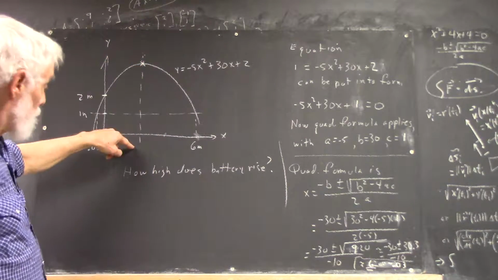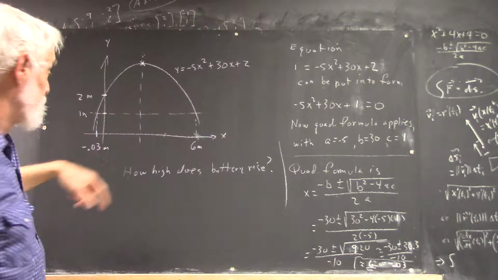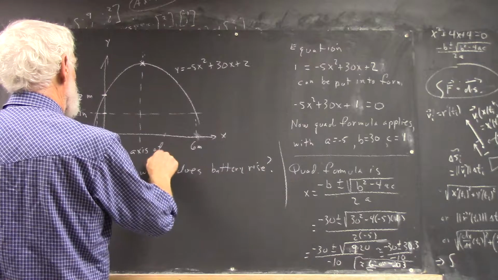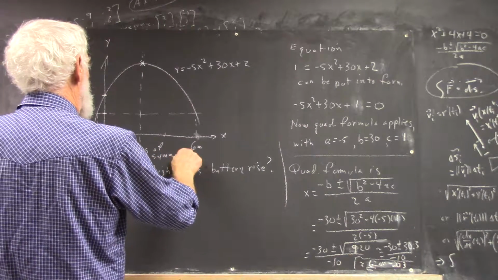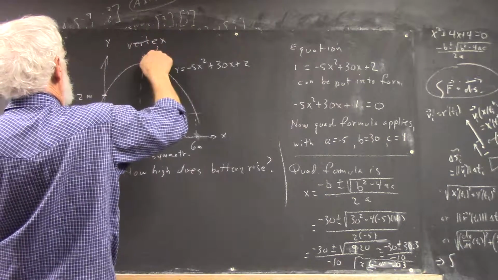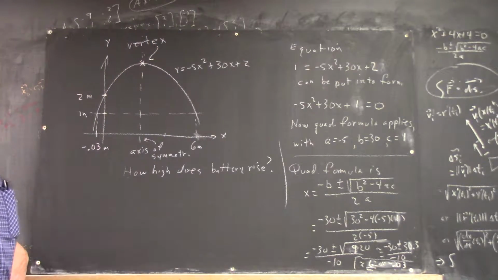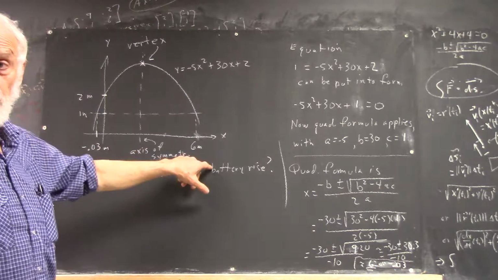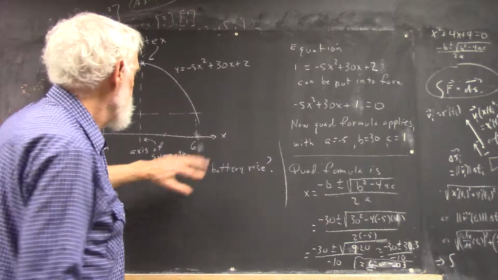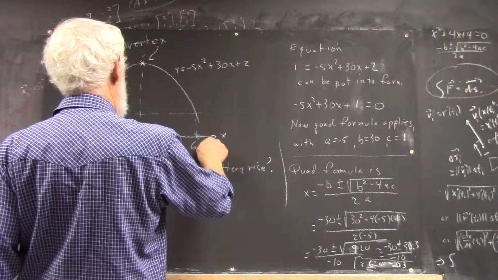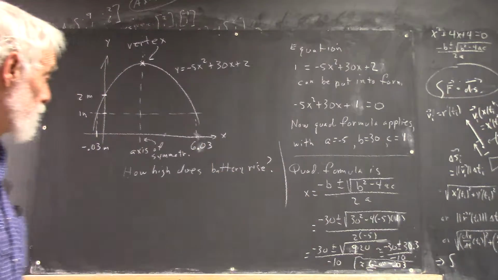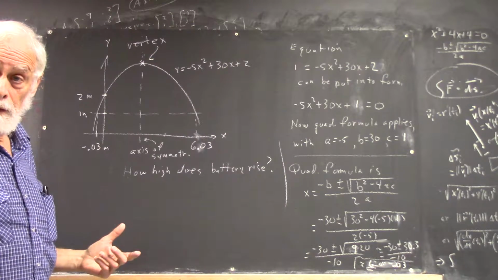Okay, here's the axis of symmetry. Here's the vertex. Vertex is halfway between here and here. Now if I do that, I said it's approximately 6. It's closer to 6.03. Okay? Because of, you know, the 0.3 there. Okay?